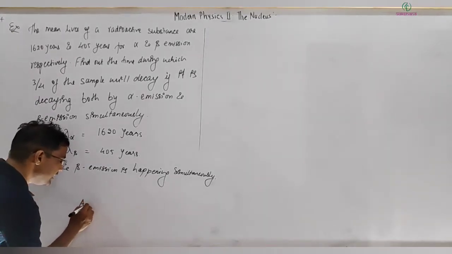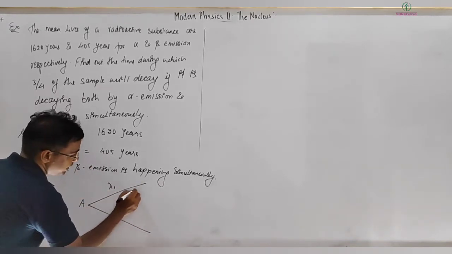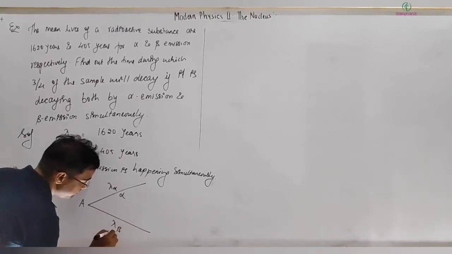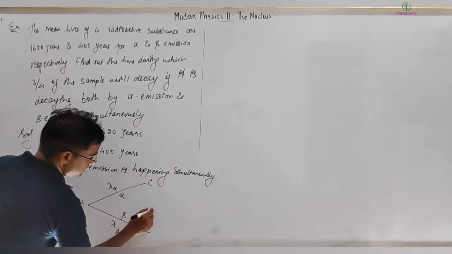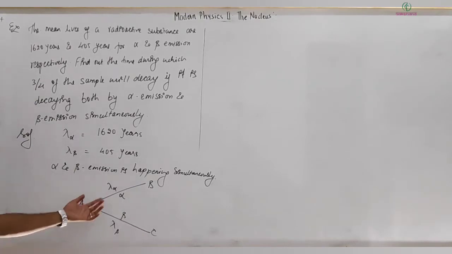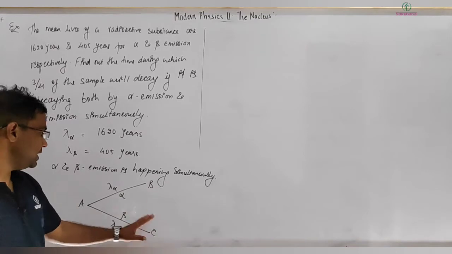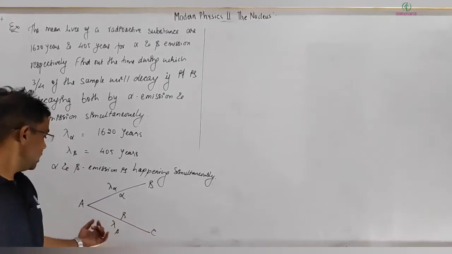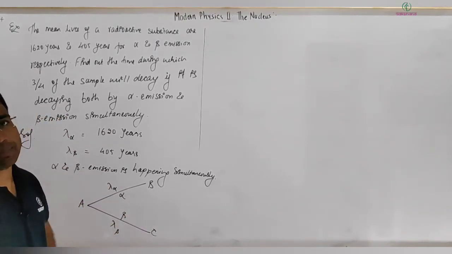So let me write A is that radioactive substance, and it is decaying by alpha decay, so for that it's lambda alpha, and by beta decay it's lambda beta, to let's say some substances B or C. So A is the radioactive substance, it is decaying to B and C. Through alpha decay it's going to B, through beta it's going to C, and this decay is happening simultaneously.